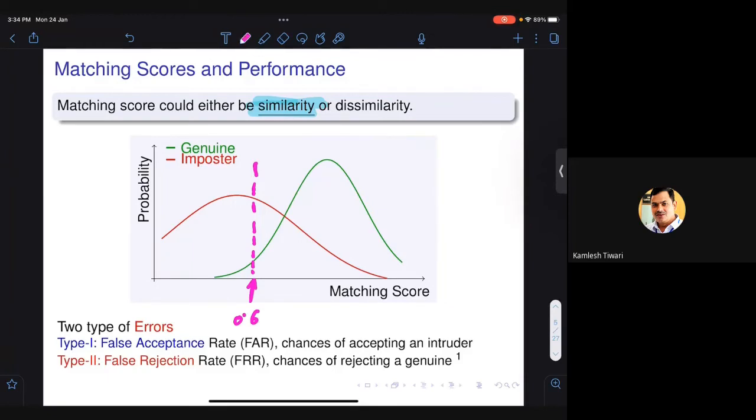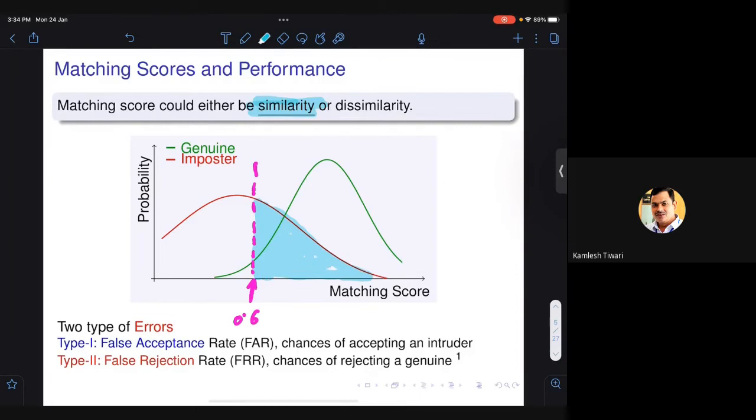So if I have to utilize a threshold, focus on this particular score value. These many genuine people have this score, and these many imposters also have this score. Because the probability is not zero, these imposters are going to be accepted into the system, because their score is greater than the threshold.